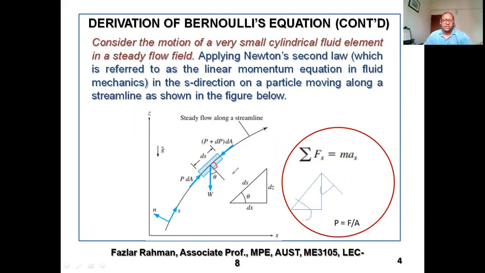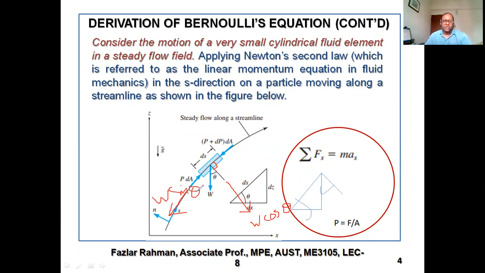So this is 90 degrees, and W is working downward. We are thinking this angle is theta. So we can consider W as two components: one along this direction, the other along this direction. This one will be W cos theta, and this will be W sin theta.